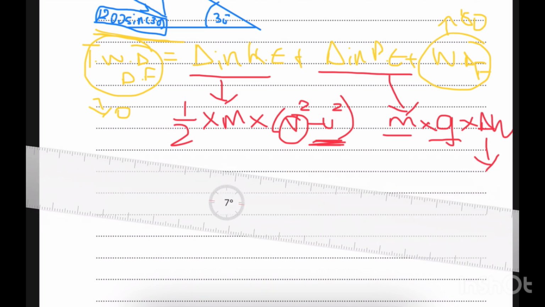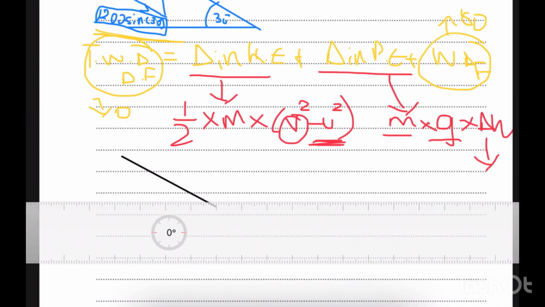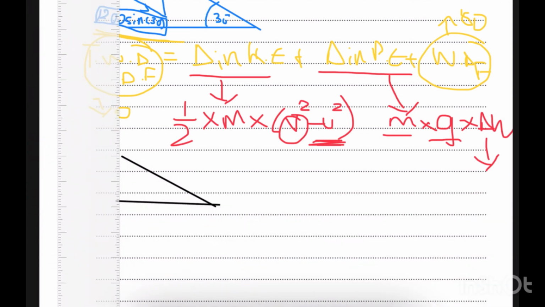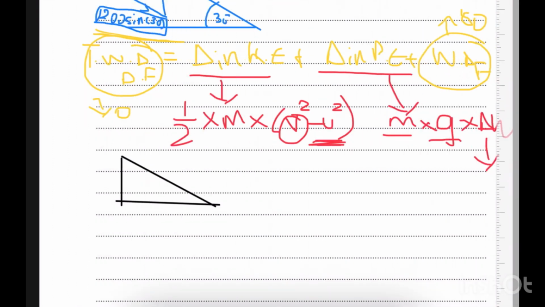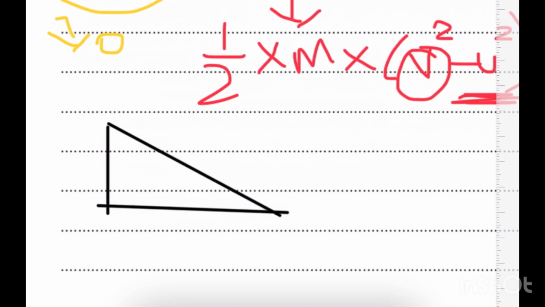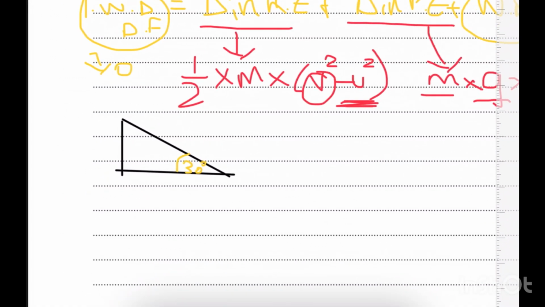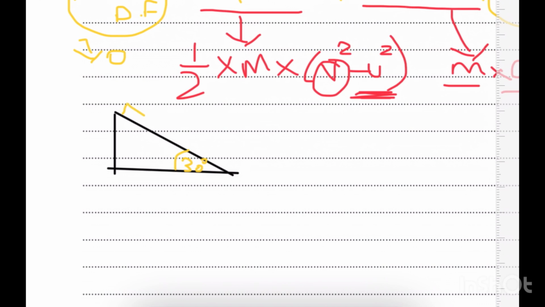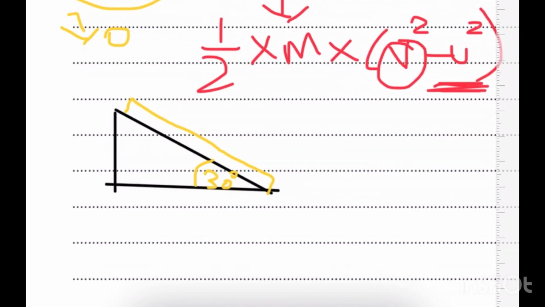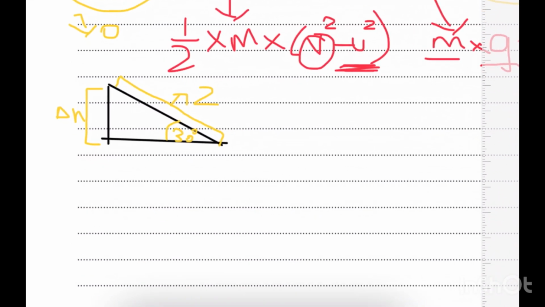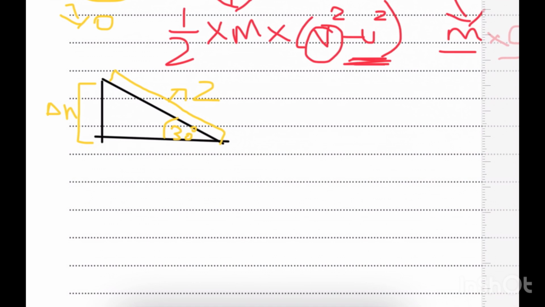So let's say that this is the hill again, and this is the height of the hill, and we were told that it is inclined at an angle of 30 degrees. It is told to us that the total distance traveled downward is 2 meters. That would make the hypotenuse equal to 2. And this change in height, if we use a trig ratio, we can find out since we're given the angle.